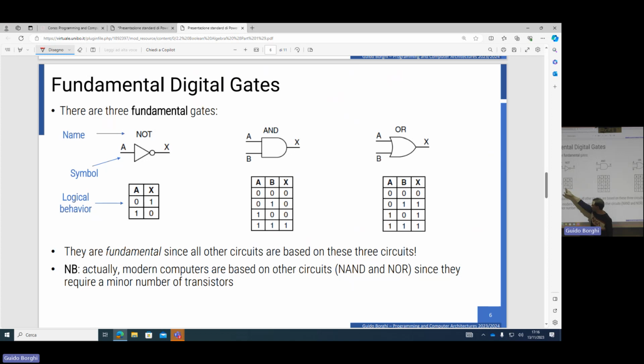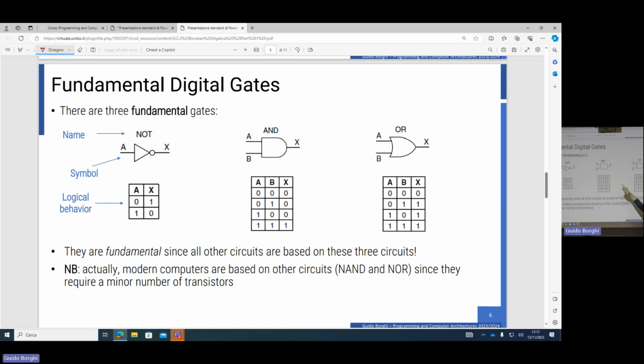If we have 1, the output is 0. NOT is the inversion, a sort of inversion, 1, 0, 0, 1. You are also using the NOT condition in the Python programming language. If you type NOT variable, you mean the inverse of the content of the variable.